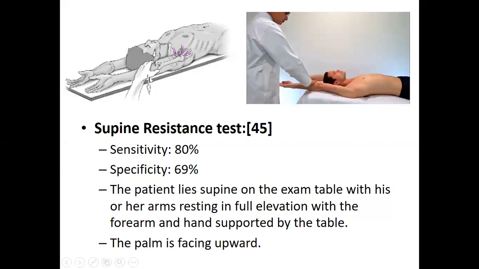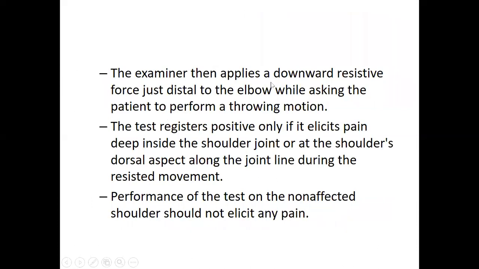As the therapist applies the downward force, here this is the elbow joint, this is the therapist's hand. So the therapist's hand will be just distal to the elbow joint, and in this position the patient will try to move into a throwing position, that is, the patient will take the arm in this direction, the anterior direction, in the direction the arrow indicates. So the examiner applies a downward resistive force just distal to the elbow while asking the patient to perform a throwing motion.